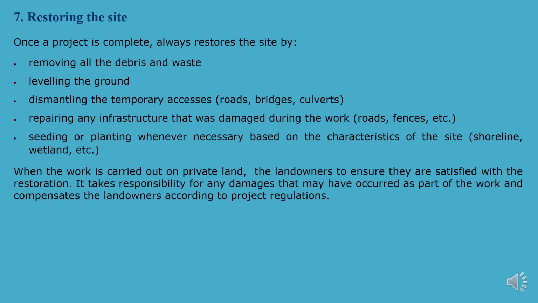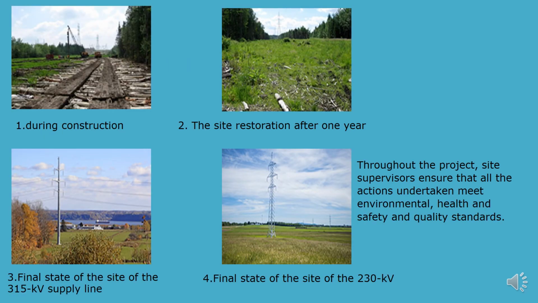When work is carried out on private land, the owners should be satisfied with the restoration, right? Means if transmission lines are passing through private lands, the landowners should be satisfied with the restoration, right? And we have to give some compensation, so that they are also happy with that particular work. We can see the images during construction and after construction, and you can see the final state of the 315 kilowatt supply lines or 230 kilowatt supply lines, right?